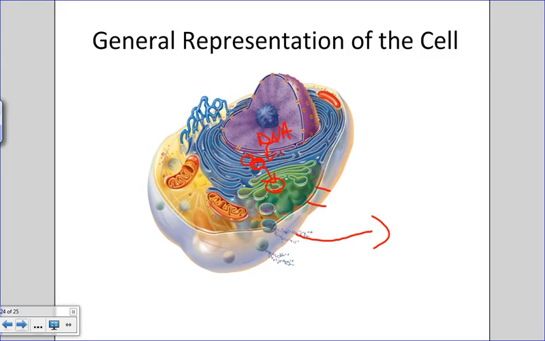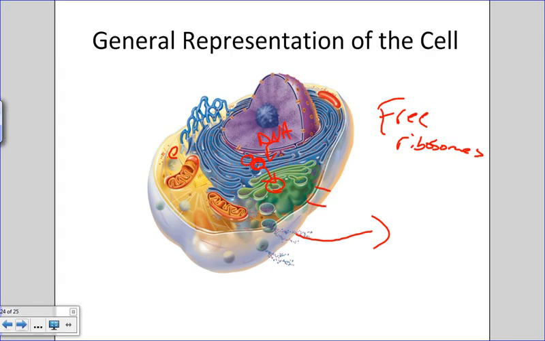Now you'll notice that again there are some ribosomes out here that are free. We would call those free ribosomes. Just like the ribosomes associated with the rough endoplasmic reticulum, those are also sites for protein synthesis.